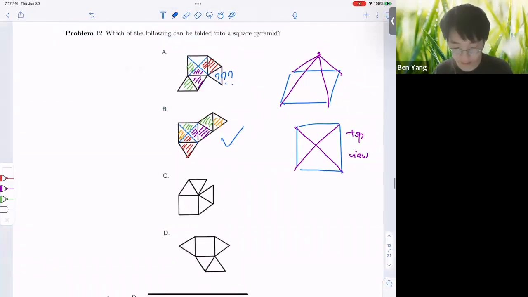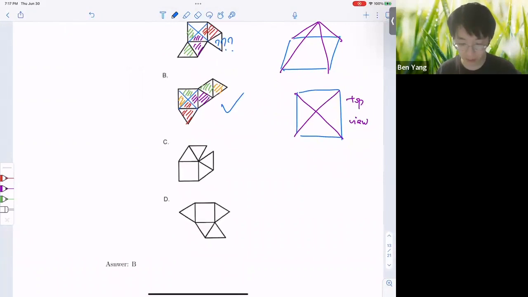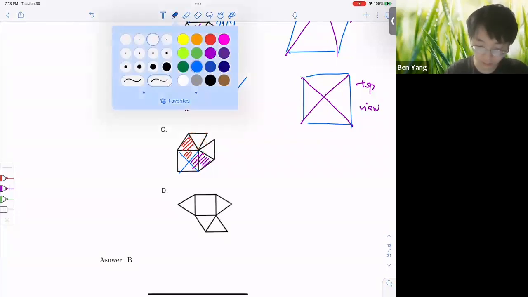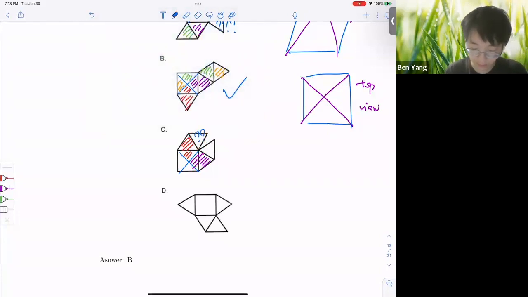Let's also take a look at the last two, just to make sure. For C, we have red, red, purple, purple. But now there's some issue with those two triangles. If you think about that one, it should go to the purple one there, but that spot is already taken. So there's an issue there.